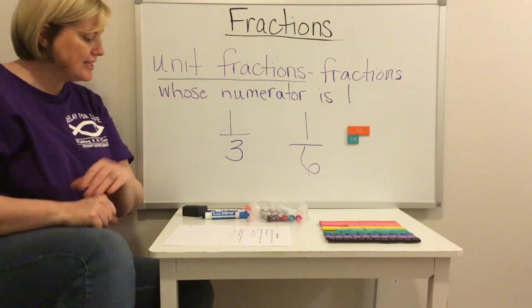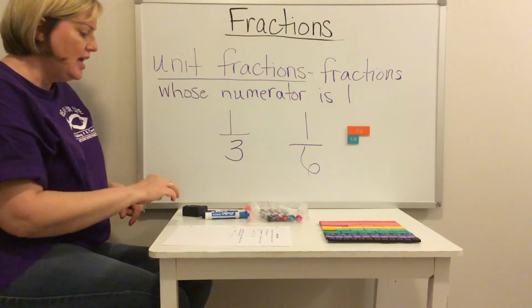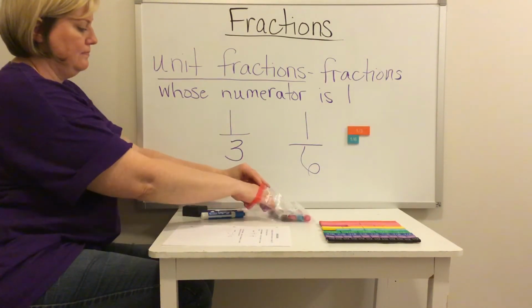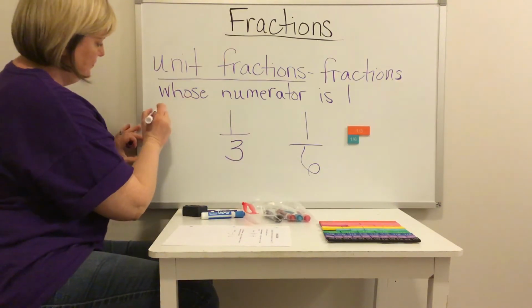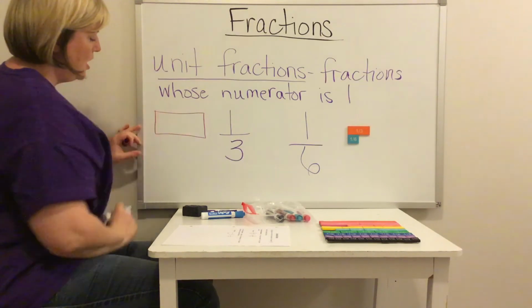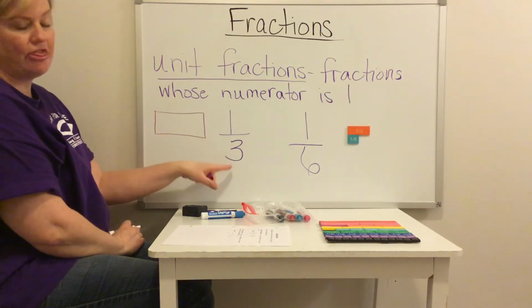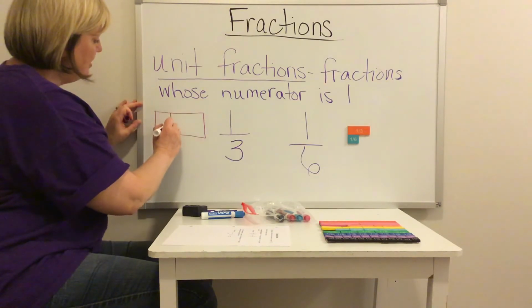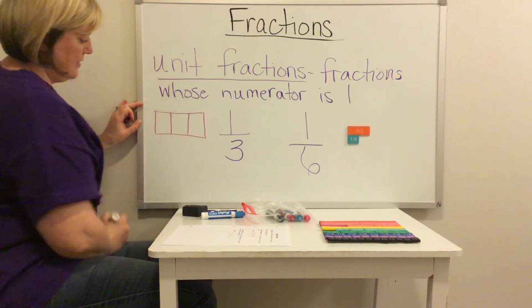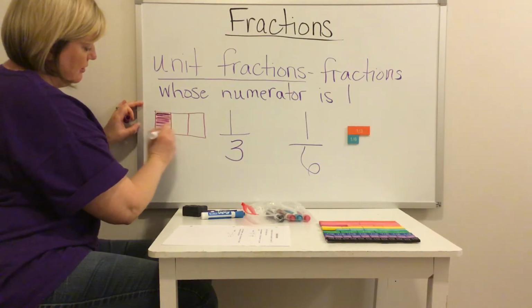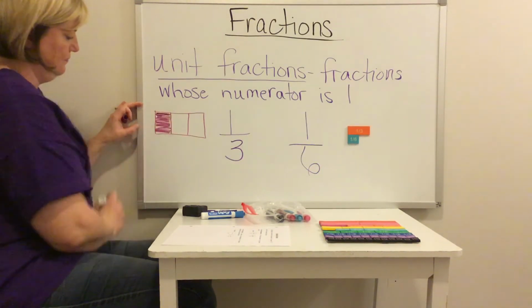Because if you take something, and let's say we have a candy bar. And we're going to get 1/3 of this candy bar. So we're going to divide it into 3 equal pieces. And I'm going to get 1 piece out of the 3.